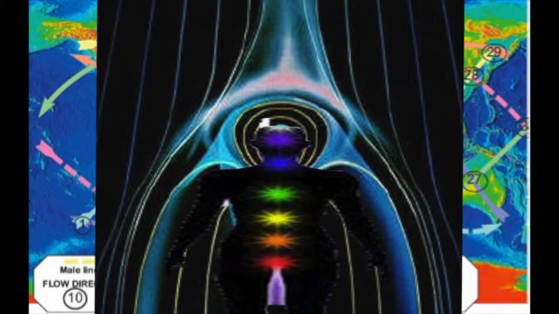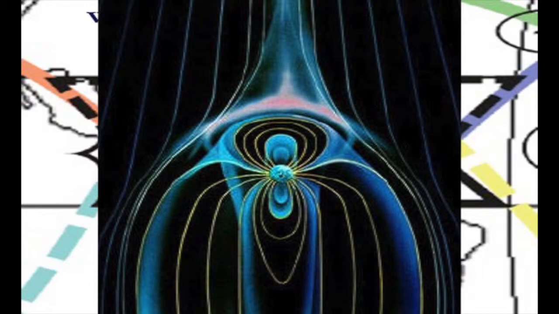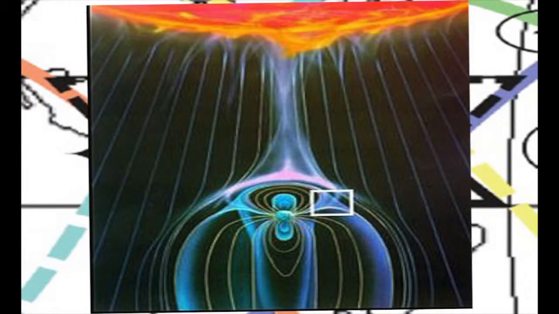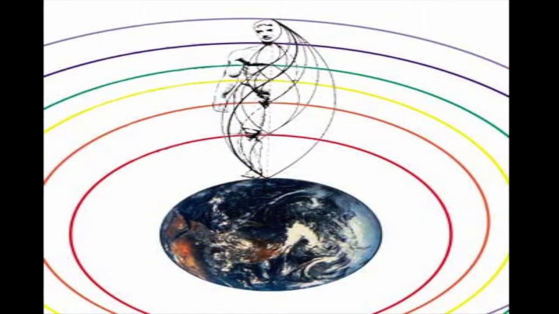We have a chakra system, where the lines cross in certain parts of our body. We also have our aura, our magnetic field. And through this chakra system, the magnetic field, we can start to feel the activity of the Sun directly through us.